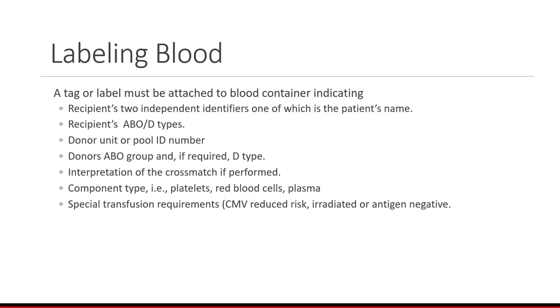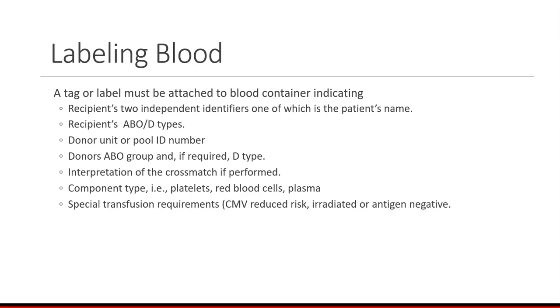The donor unit or pool ID, for example, cryoprecipitate, you never give one unit. Minimum is usually 6, and they're put in one bag, which is called a pool, and that pool is given a number. The donor's ABO group, and if required, their D type. The interpretation of the cross-match if performed. For example, we don't cross-match plasma, we don't cross-match platelets, so the only time you would need a cross-match is if red cells are used.